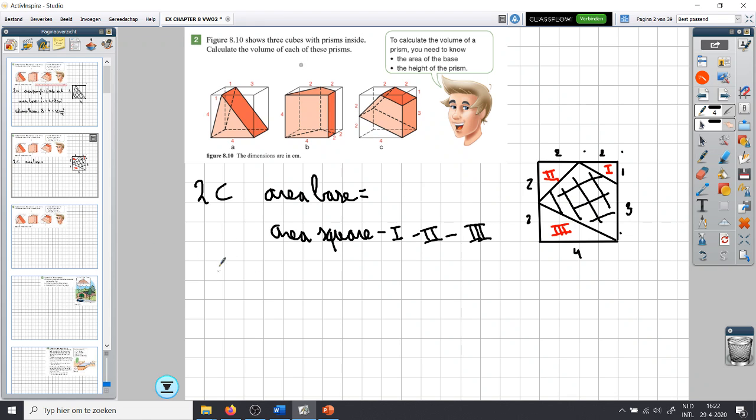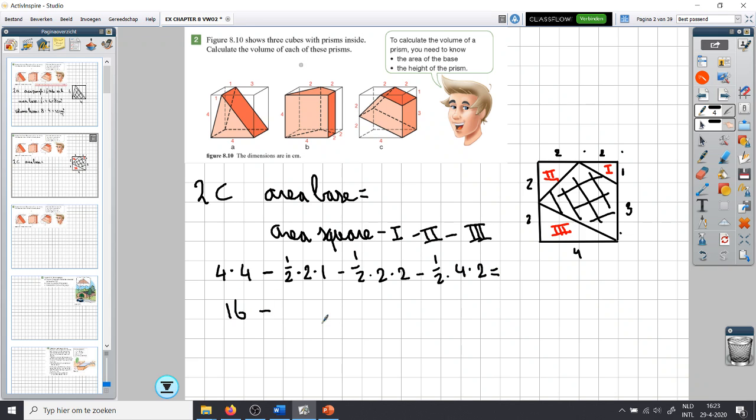So that's going to be area square is 4 times 4 minus the area of this triangle, which is a half times the side, that's 1 times 1, right? Depends if you take this as the side or this as the side, but it's a right angle triangle, so you can use one side as the side and the other one as the height. Minus a half times 2 times 2, that's this one, minus a half times 4 times 2, that's this one.